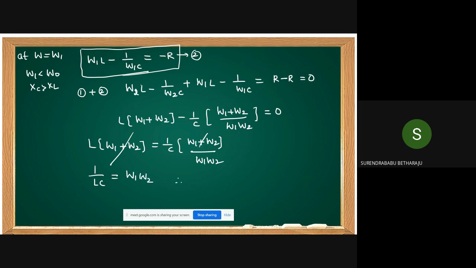But we know, what is omega naught square? What is omega naught square, students? 1 by LC. That I am replacing here. Then omega naught square equal to omega 1 into omega 2. Very, very important formula, 5-star formula. Then the resonating frequency is the geometric mean of the cutoff frequencies. Correct or not?